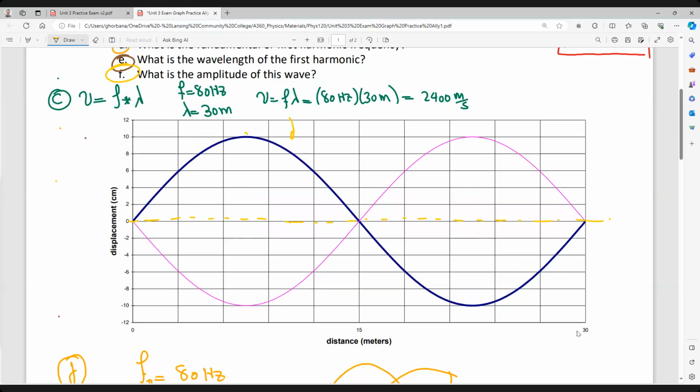The distance from the crest to the dash line, or the distance from the trough to the dash line, it doesn't matter which one. The distance from here to here is 10 meter. This is going to be your amplitude. So the amplitude is 10 meter. Okay, we are done with question number 1.